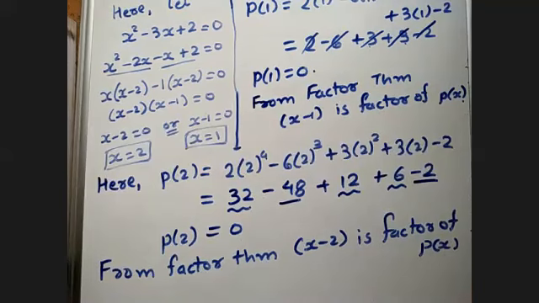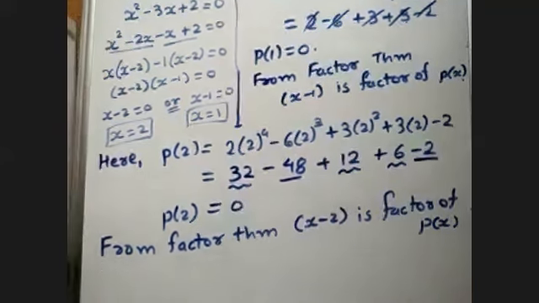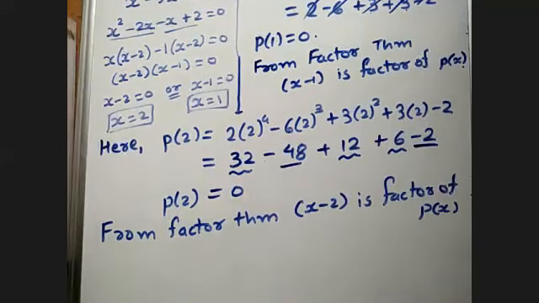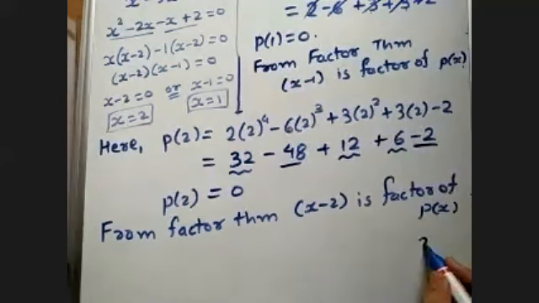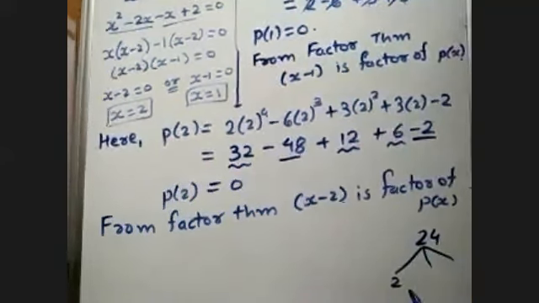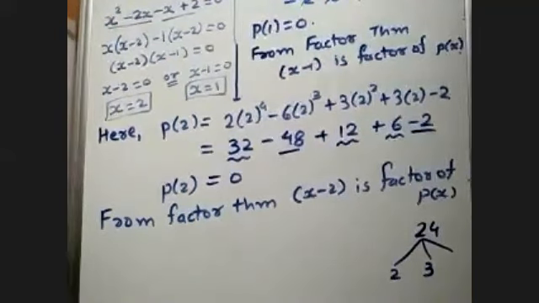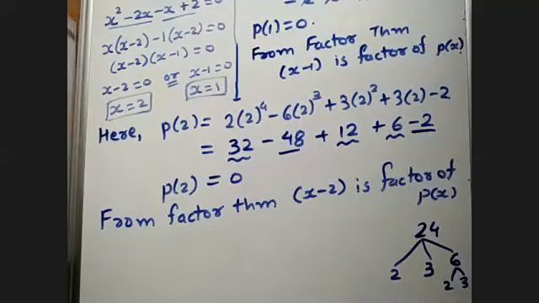So if I combine both the statements, x minus 1 is a factor of p of x and x minus 2 is also a factor of p of x. And if I multiply all the factors, I will get that polynomial, isn't it? Suppose 24's one factor is 2, another factor is 3, then the product of 2 and 3, that is 6, is also a factor of 24, isn't it?